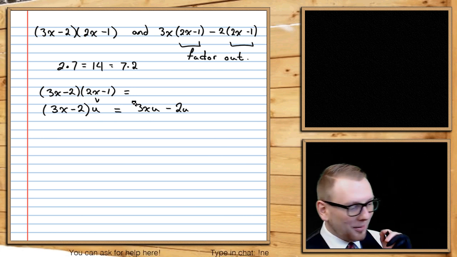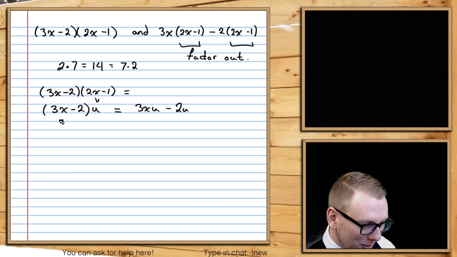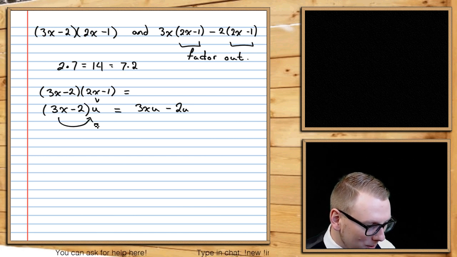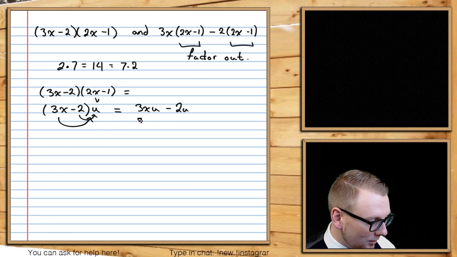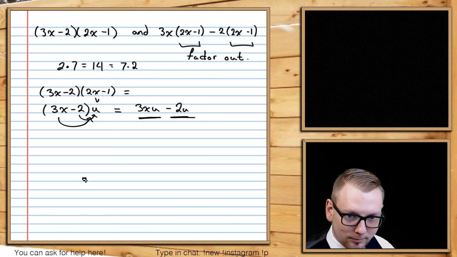Remember, with this one, you did 3x times u, and then you did the minus 2 times u, right? That's how you got this part right here, and then this part.